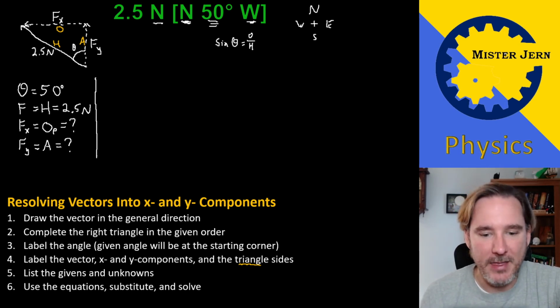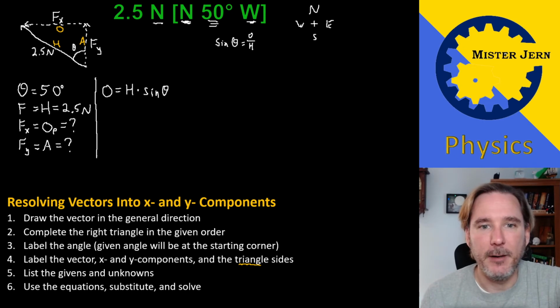We rearrange that, and this equation is always going to be the same. The opposite side will be equal to the hypotenuse times the sine of theta every single time. Now I'm leaving room because I'm also going to do the same thing for the adjacent side, but for now, I'm just going to carry on.